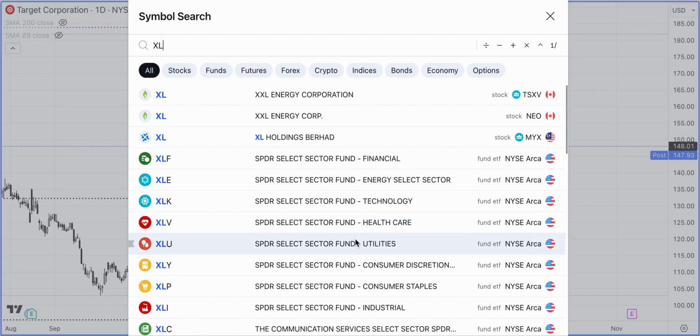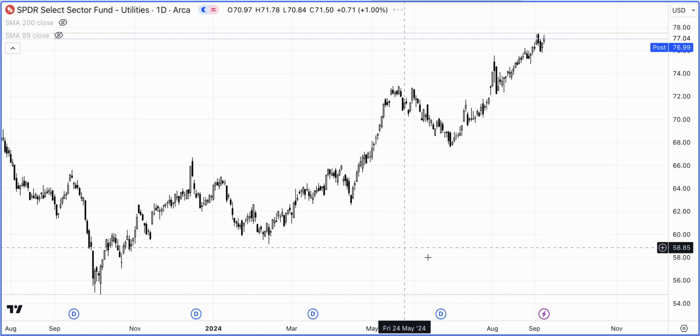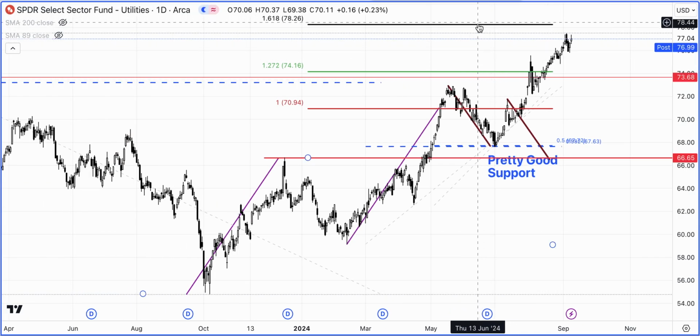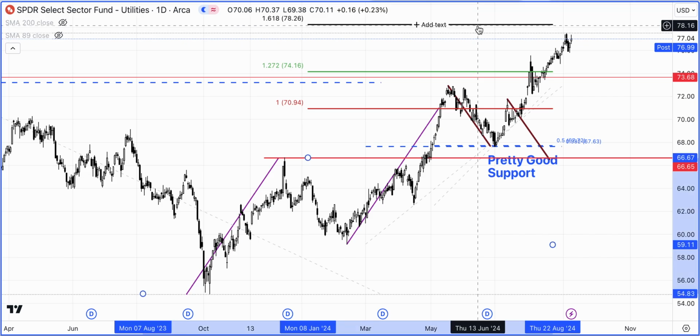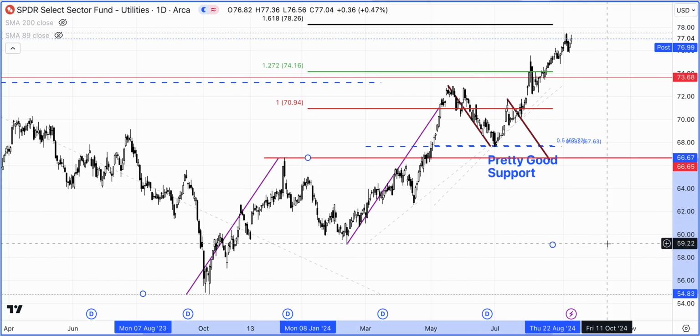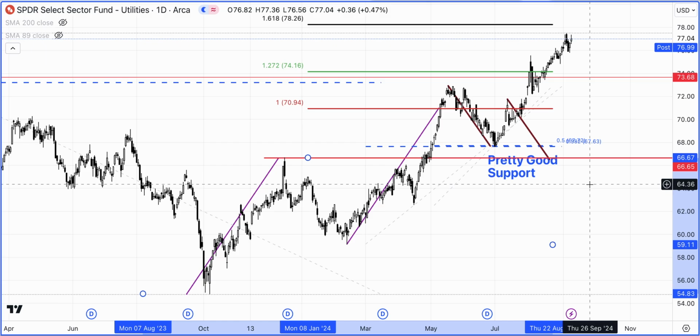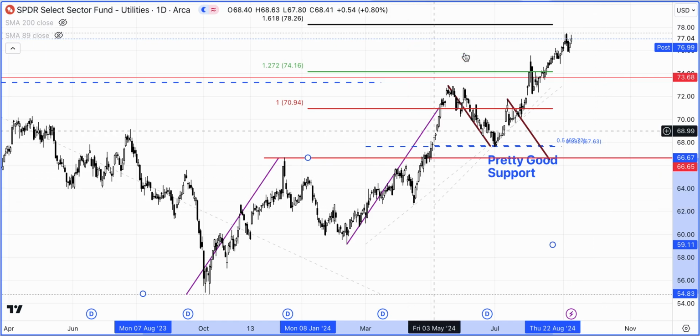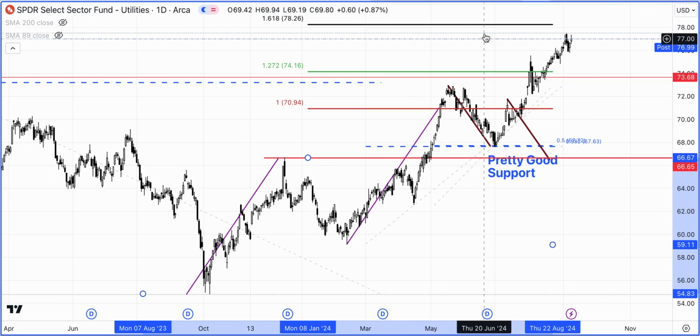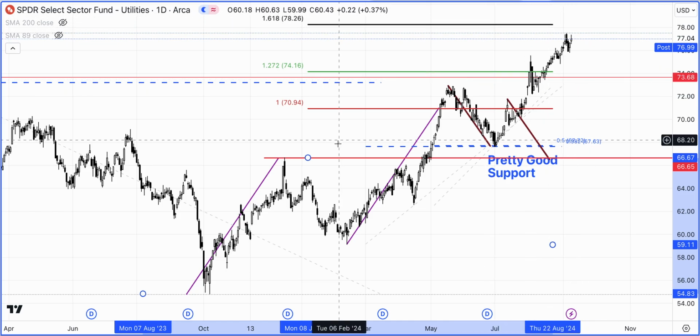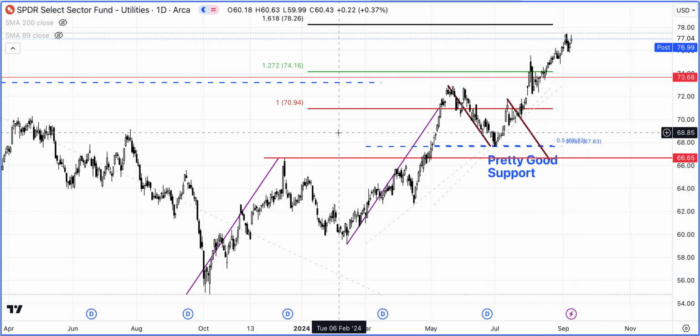Then if we take a look at utilities, yeah, they are strong, but they're also reaching a point, 78.6, 1.6 expansion on 78 dollars, where it will be completing the extension. So I think we'll see some pullback at this level when it gets there.